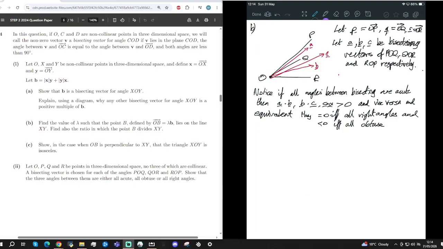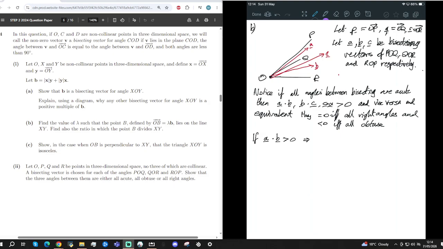Certainly, let's try that second choice of breaking it down into the conditions. So if A dot B is positive, what does that mean?